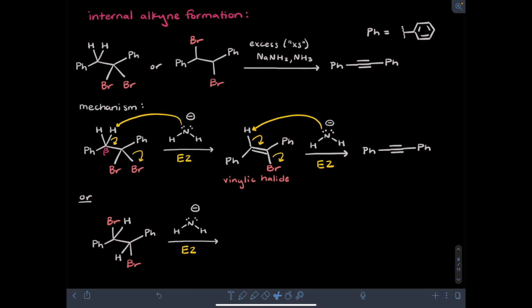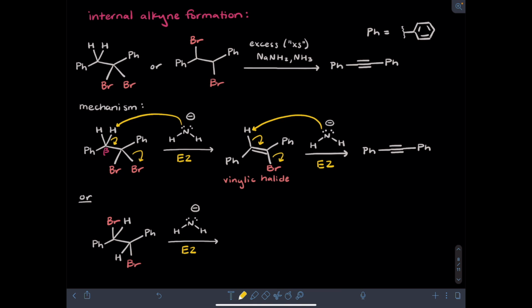Now let's consider the other variant where the bromide leaving groups are on the same carbon, called a geminal dihalide instead. In this case, notice that relative to this bromine, this carbon is the alpha position, and this carbon-hydrogen bond is at the beta position.